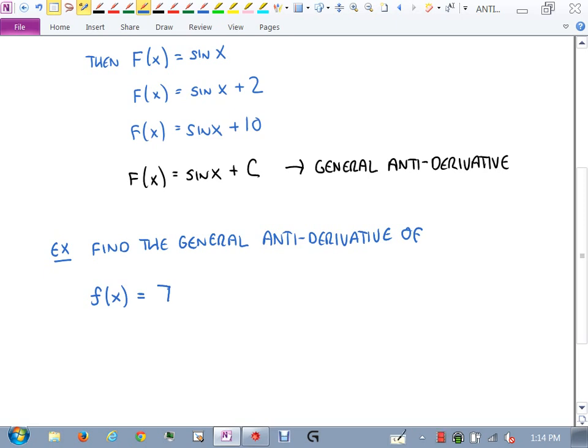What's that? 7x plus c, right? So you're thinking, what do you take the derivative of to get 7? Well, 7x, right? But plus any constant I want. So my answer here would be capital F of x equals 7x plus some constant. That's it.